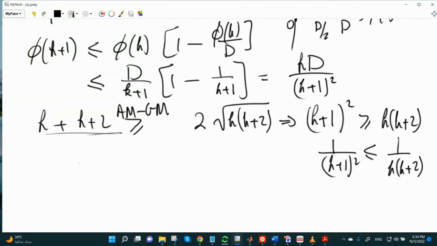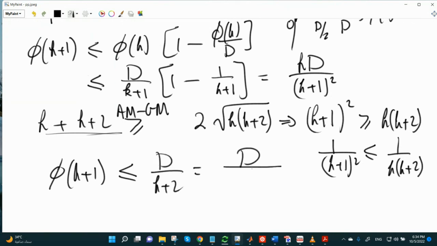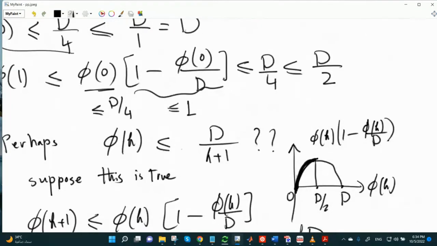Okay, so we have that phi k plus 1 is less than or equal to d over k plus 2, which is exactly what we want. We want it to be d over the index, here k plus 1, and then plus 1. So this is a good result from the recursive inequality.